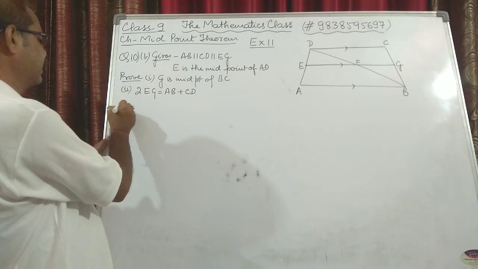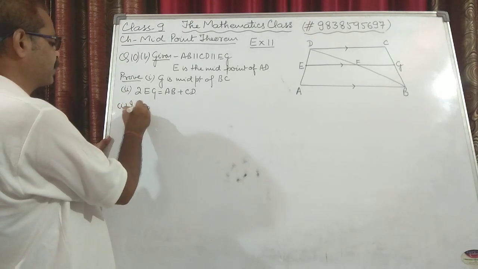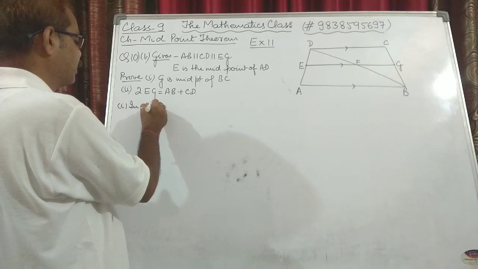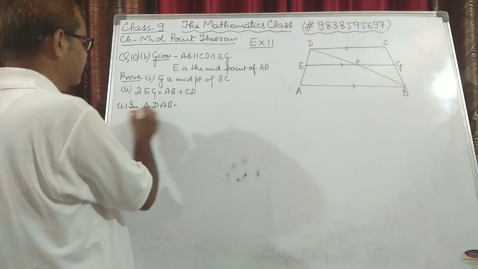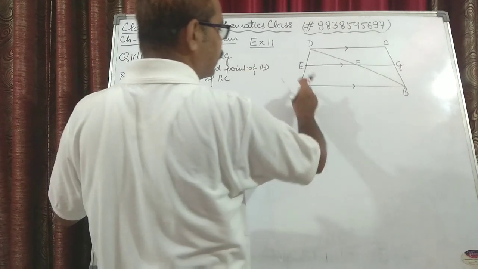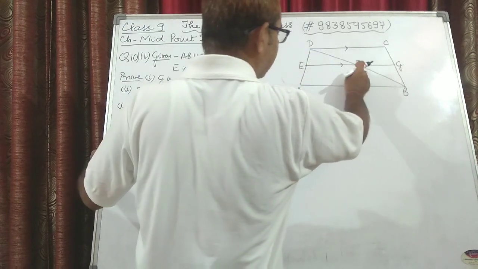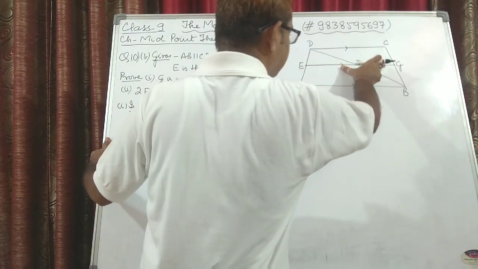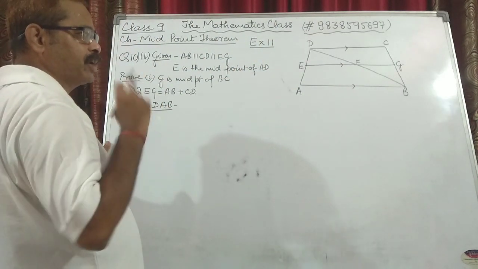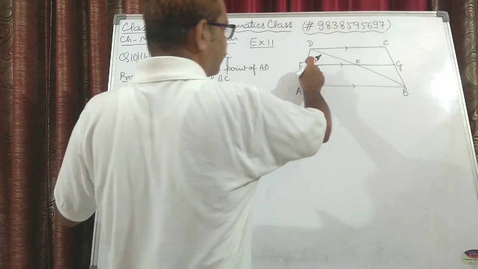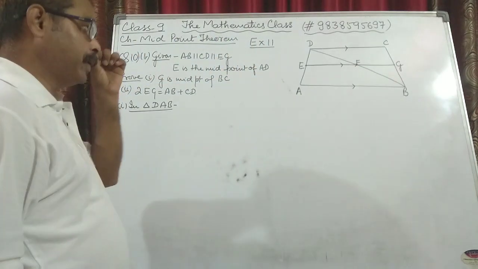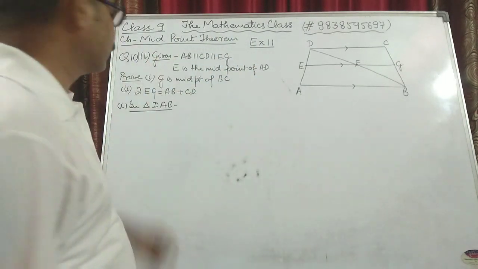What we can say again in the first part, which triangle we are going to take? DAB. So we'll say in triangle DAB, it is given that E is the midpoint of AD and EF or EG is parallel to AB. So according to the converse, if one midpoint is given and a line parallel is given, then F is also the midpoint of DB, that is the third side of the triangle.